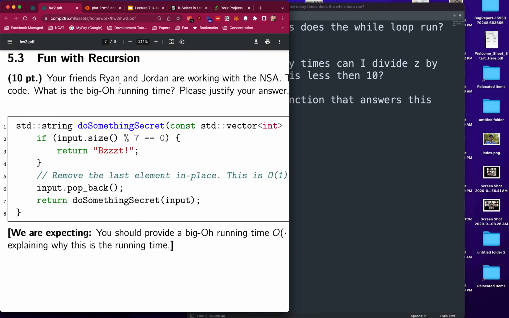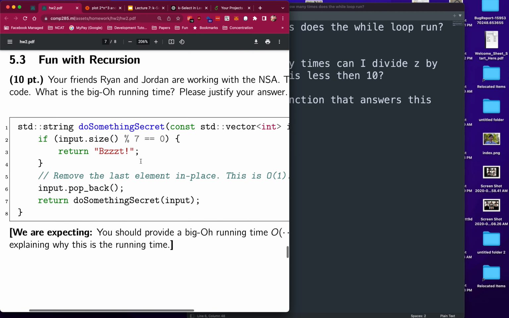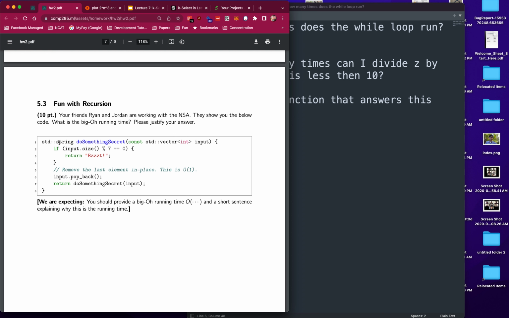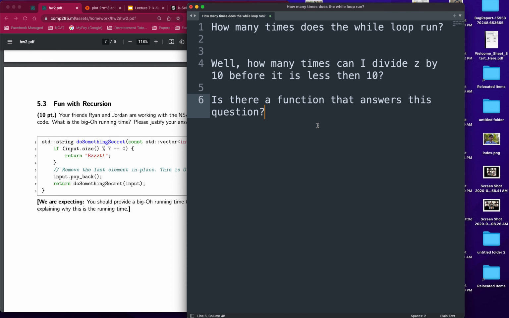Continuing next, we see fun with recursion. So we have another tricky question. I think something that will help here is just to walk through a few examples where we look at the input and we see what size it is. So let's say that our input size was 1,000. Let's say that our input size is 6, and let's say that our input size is 14.